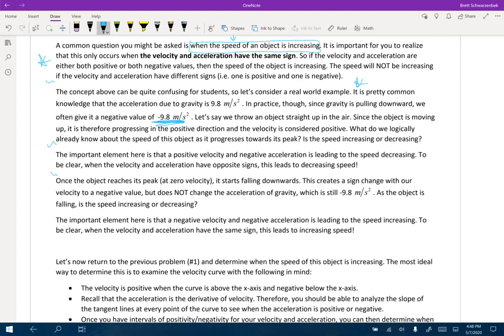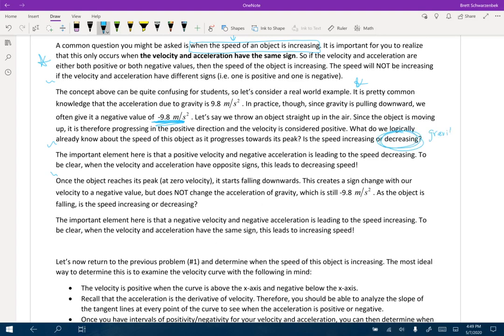Since the object is moving up, it is progressing in a positive direction, and the velocity is considered positive. What do we logically already know about the speed of an object as it progresses towards its peak? Well, think about it. If we're throwing an object straight up in the air, what's going to happen to the speed as it keeps going? Is it going to increase or decrease? I think most of you are going to tell me it's decreasing because, of course, gravity.